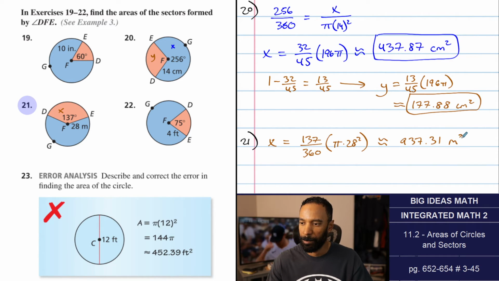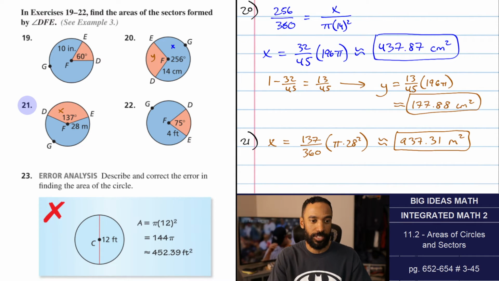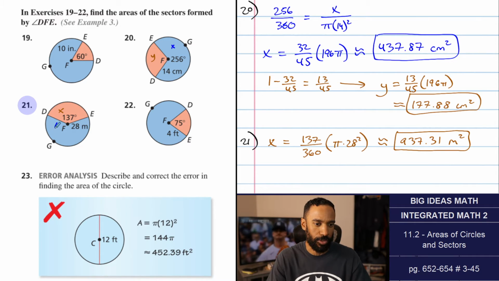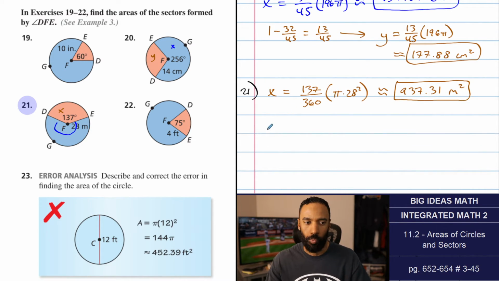Now, the next way I'm going to do the blue is actually just as fast as anything else because there's no fraction to reduce. I guess at this point they're all the same anyway, if you don't reduce the fraction. But 360 minus 137, I don't want to be wrong, is 223. So this y, if you will, is 223 over 360 times that.